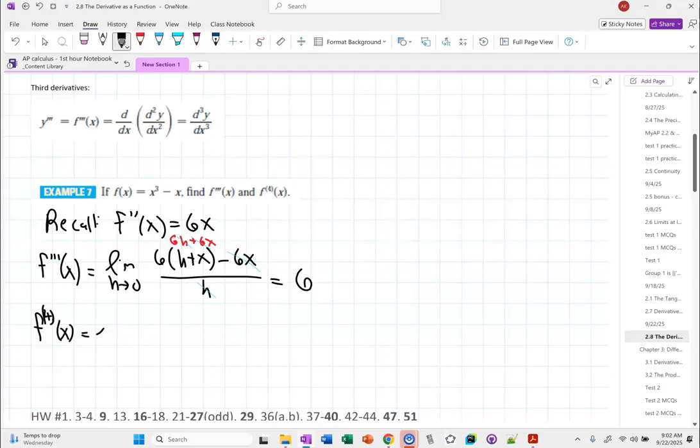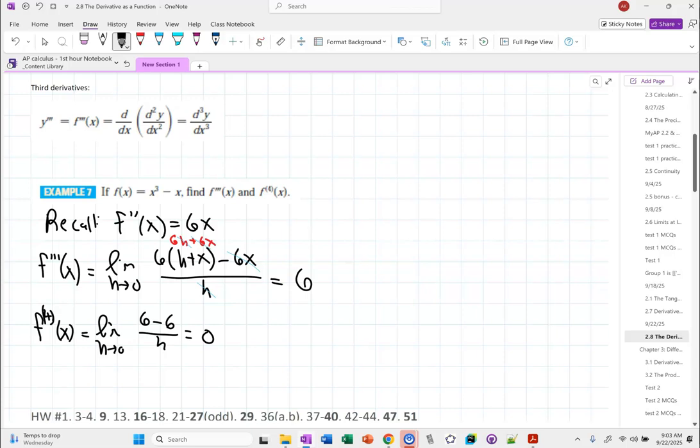I want to do the fourth derivative then. Well, if you think about it, if this function is just 6, that's a horizontal line, right?